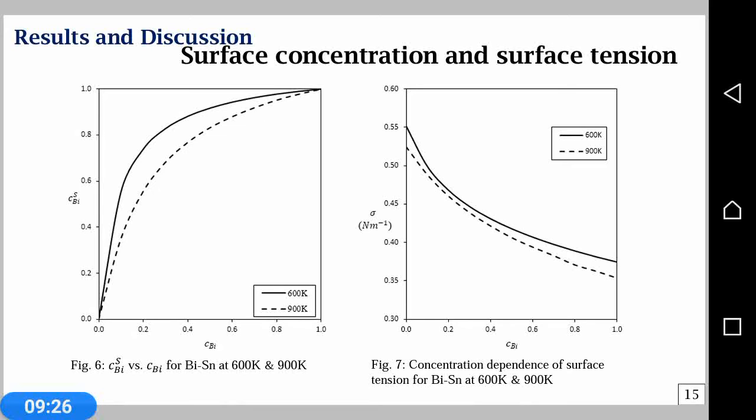Figure 6 is a graph of surface composition of bismuth against bulk concentration of bismuth at 600 Kelvin and 900 Kelvin. It can be observed that as the bulk concentration of bismuth increases, the surface concentration also increases.